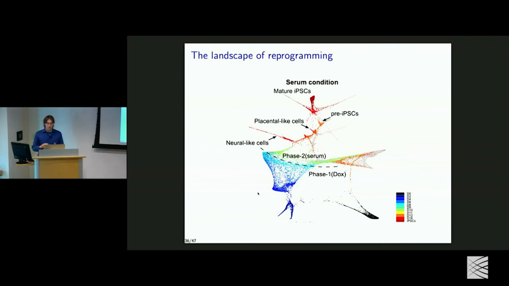And then we reduce to 2 dimensions by visualizing the nearest neighbor graph in 20-dimensional diffusion component space. This nearest neighbor graph captures which cells are close to which, and this 2-dimensional visualization captures this as best as possible.